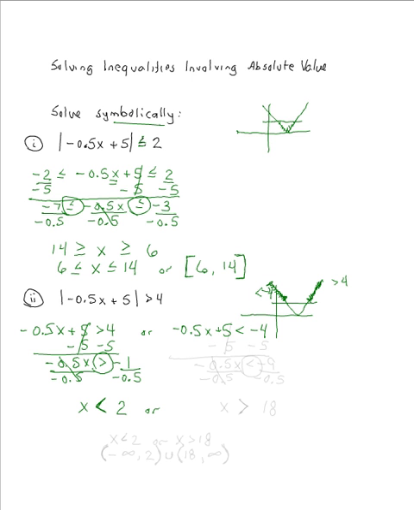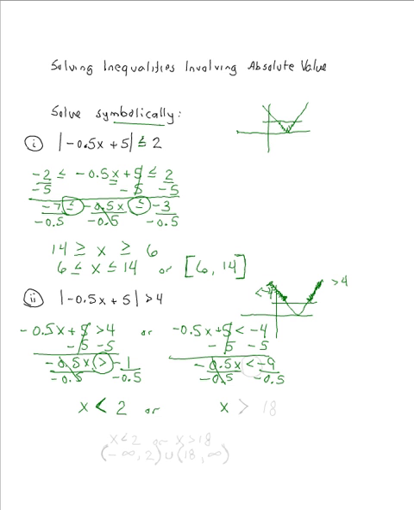Of course, we did have the part that was on the other side, but again, I'll solve it the same way. I could still subtract 5 from both sides of this inequality, so we'll have our negative 0.5x less than a negative 9, and dividing by that negative number, negative 0.5, we will have x.